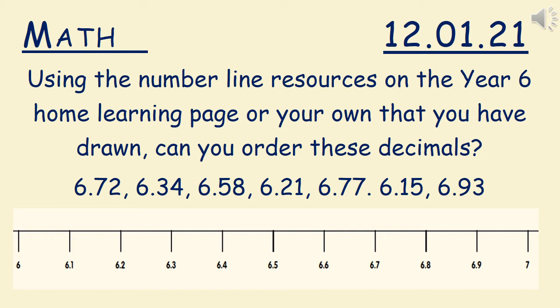I'm going to do 6.72 for you, or at least give you a little bit of a hint as to where it would go. 6.72 is going to go in between 6.7 and 6.8. I'm going to break that area down into 10 small equal pieces and then place it on the second one along, as that would equal 6.72.